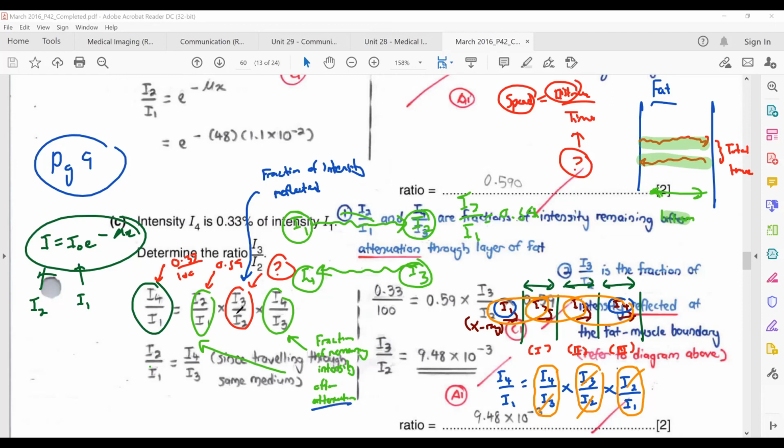The second one, the middle one, is the fraction of intensity reflected. So you know the values of the three ratios here. You know this one, you know this one, you know this one. You can now work out what is I3 to I2. Let me just work this one.